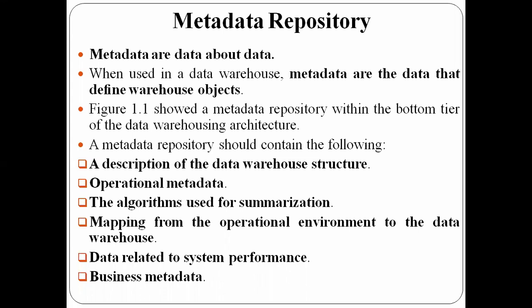I'll explain after this topic what a dimension table and a fact table are. All those are considered objects here. That information about the data warehouse objects is stored in the metadata repository, or the metadata. This metadata repository is present in the bottom tier of the data warehouse architecture.